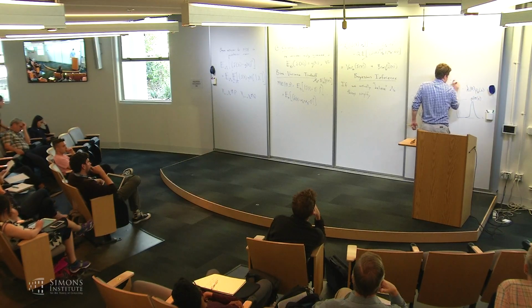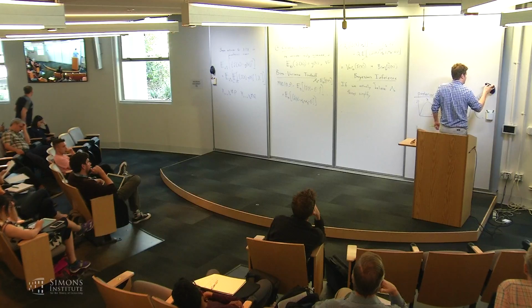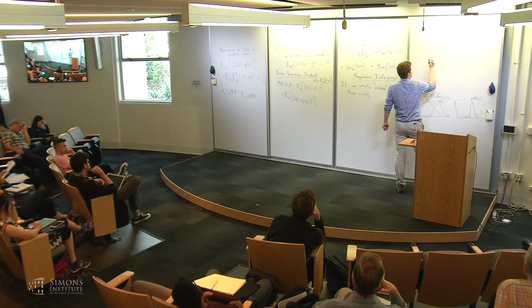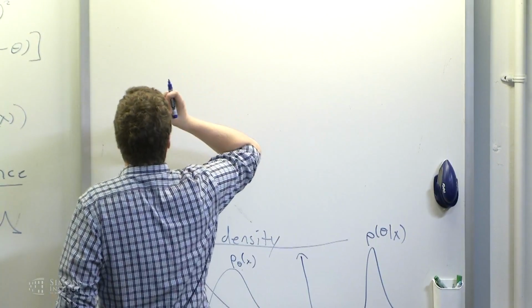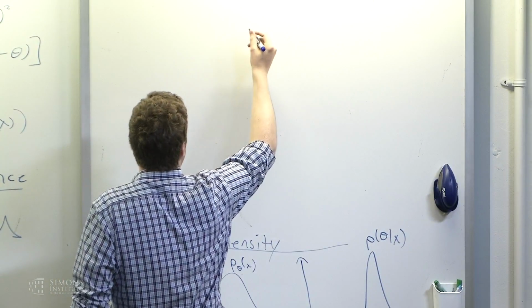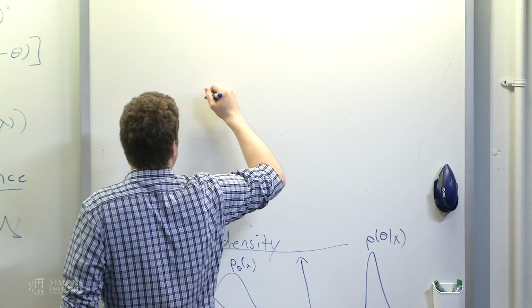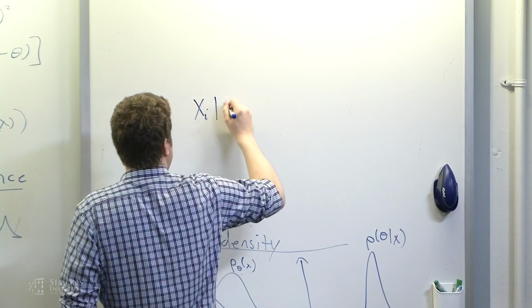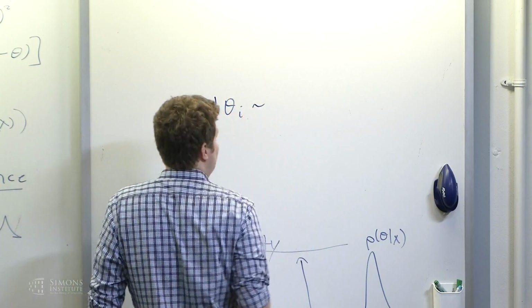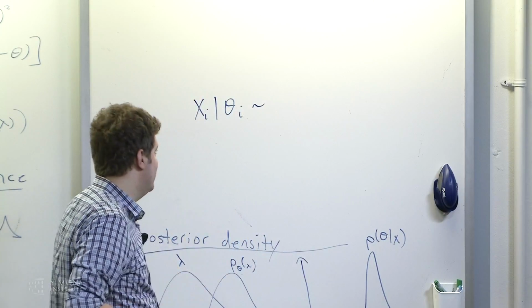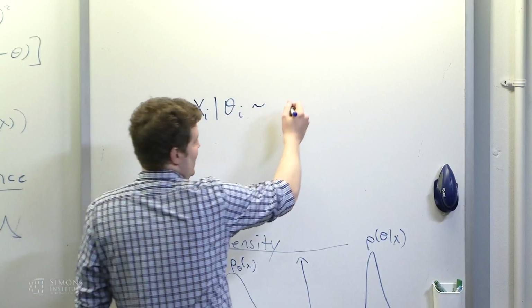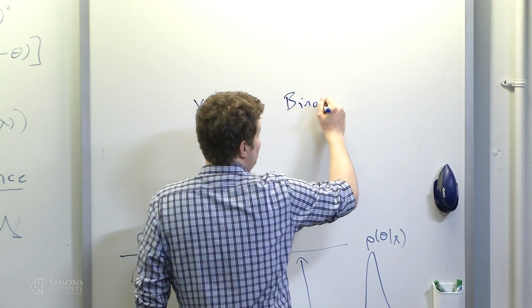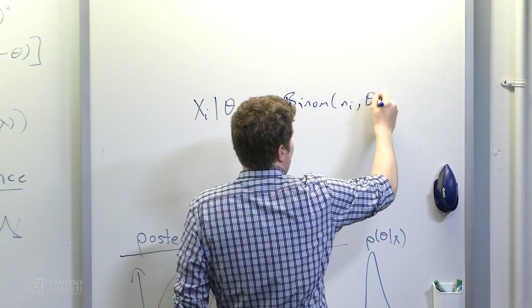So for non-empirical, just regular hierarchical Bayes, you can do this too. Let's say the X_i given theta_i, the i-th baseball player's empirical batting average conditional on its true batting average, is binomial(n_i, theta_i).